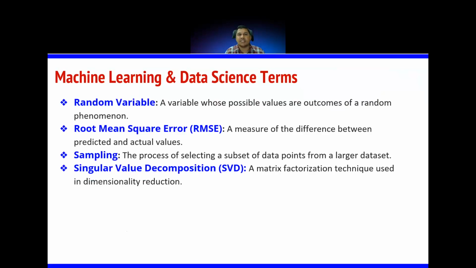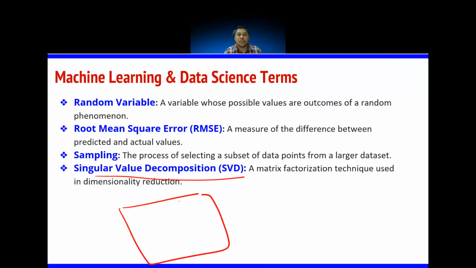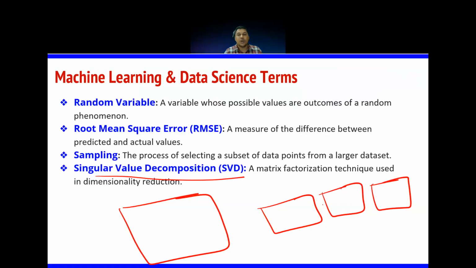Singular value decomposition, SVD. We have seen this multiple times. When you have a large matrix, doing operations on it is difficult. If I can partition this large matrix into three small matrices, where the product of these three matrices is again the original matrix, that helps.